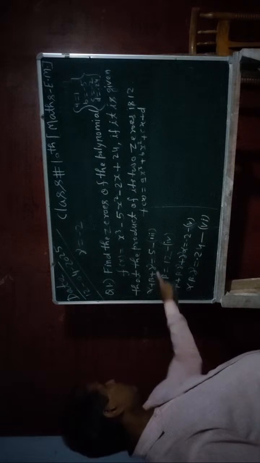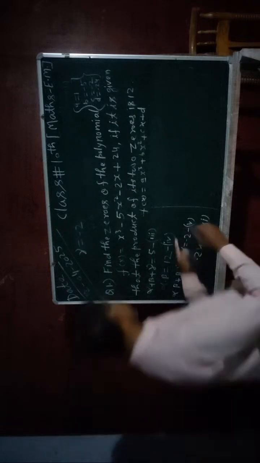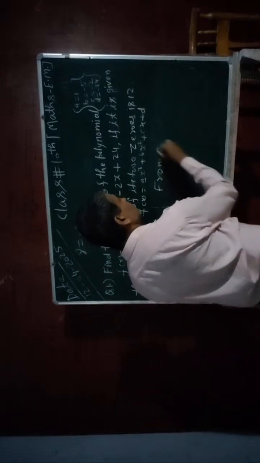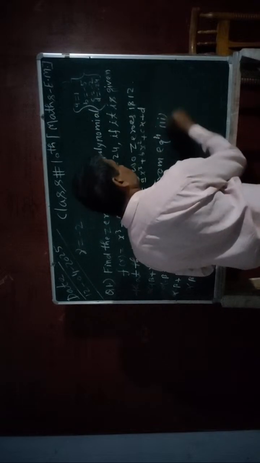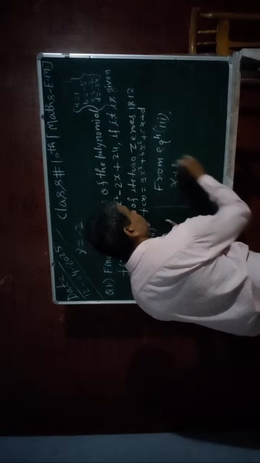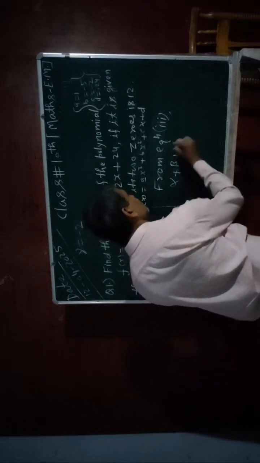So further I will write alpha plus beta. From equation 3rd, I will write alpha plus beta plus gamma is equal to 5.